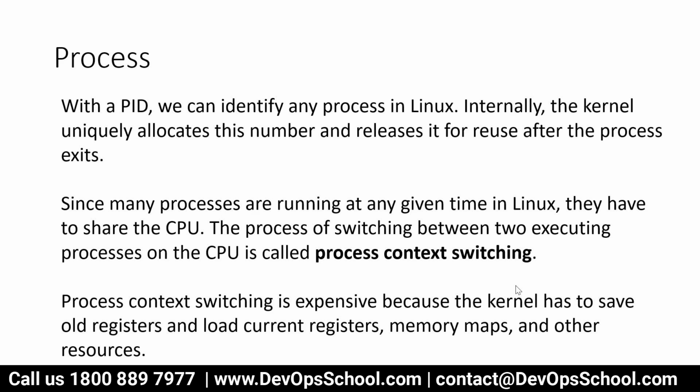This is important. The second paragraph is very important. Half an hour back I said this to you also, context switching. The process of switching between two executing processes on the CPU is called process context switching.